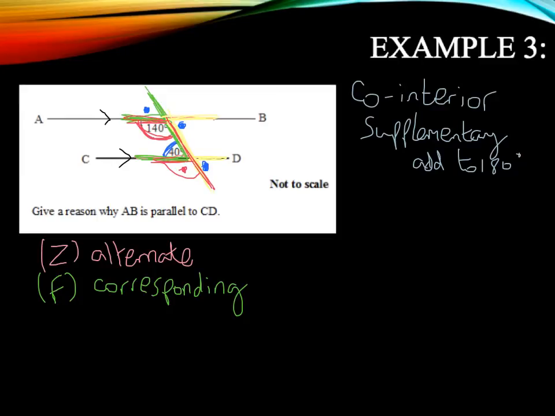Where else is 140? 140 down here. Why? Because we've got like a Z shape again. It's alternate. And so on and so on. So we can identify all of the different parts of this for various reasons. There's so many reasons to do with why these angles have to be.